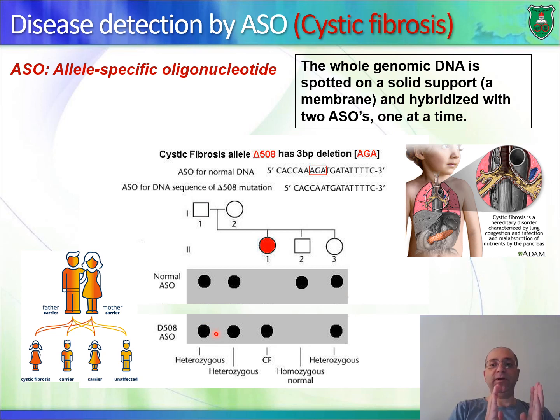The father has 2 chromosomes: on one chromosome he has the normal allele, and on the other chromosome, the allele with the deletion. So we say that the father is heterozygous.